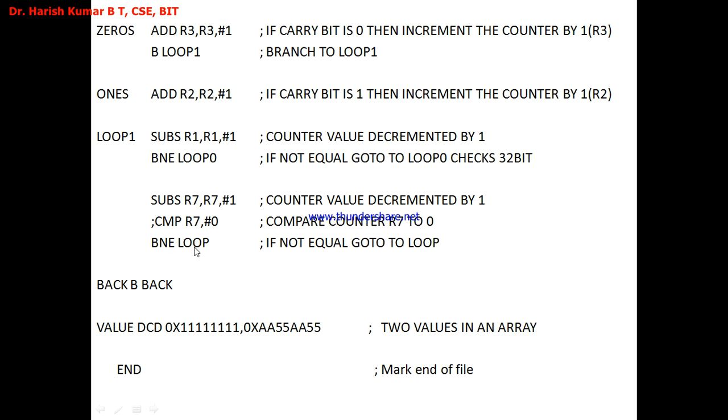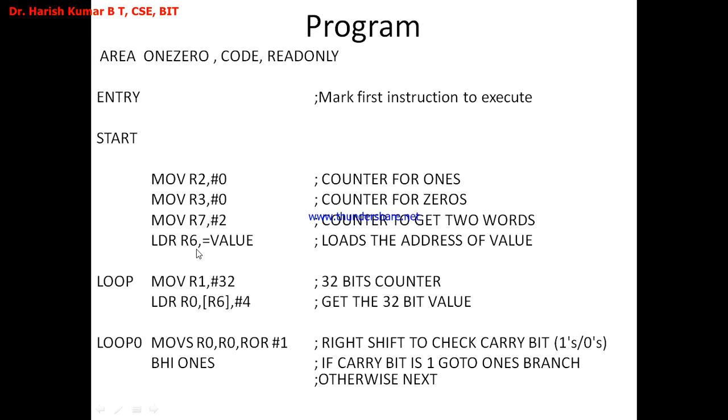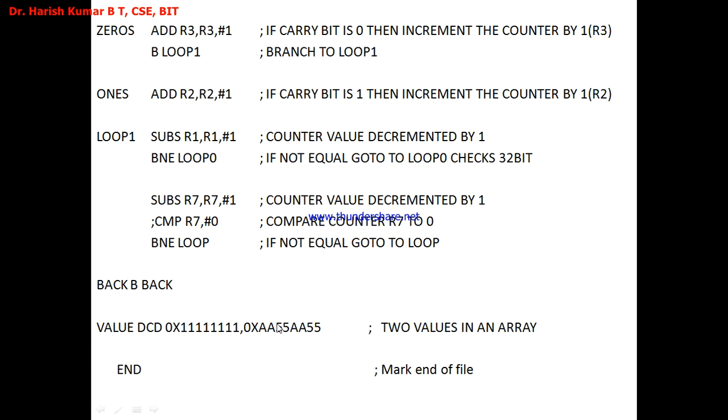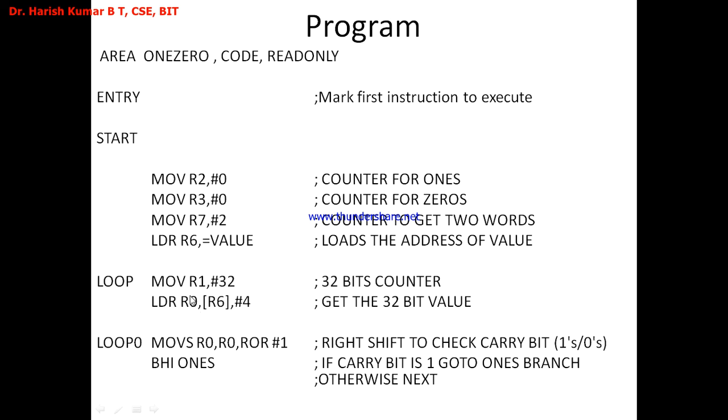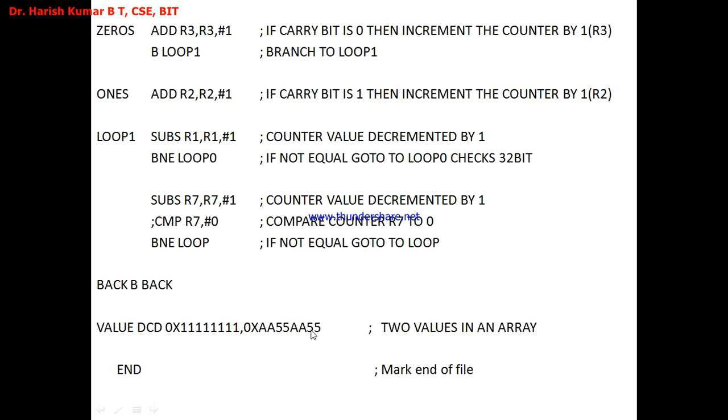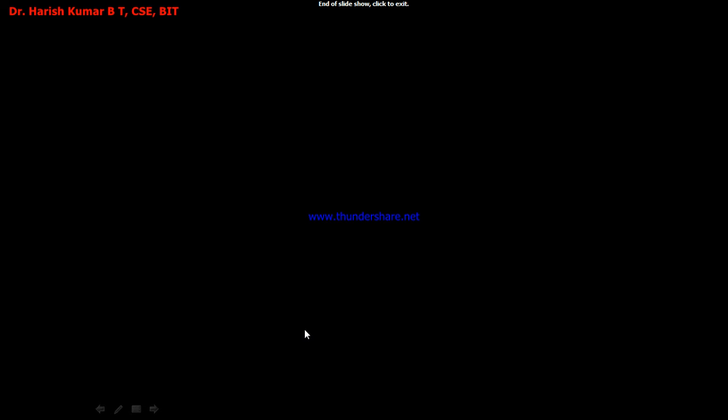If the zero flag is not set, again go back to loop where it comes here, and again put 32 into register R1, and now R6 was already pointing to the second memory word because it was post incremented. Now what goes to R0 is this second number.